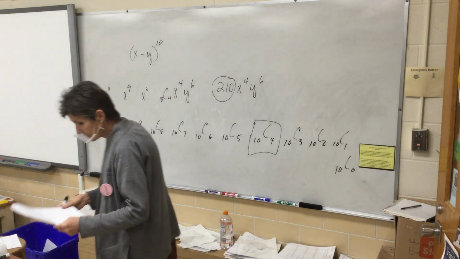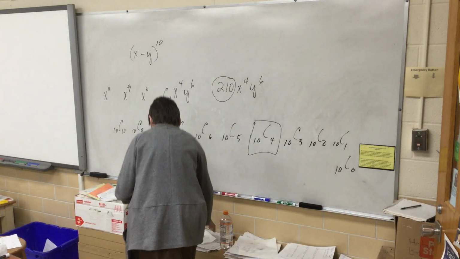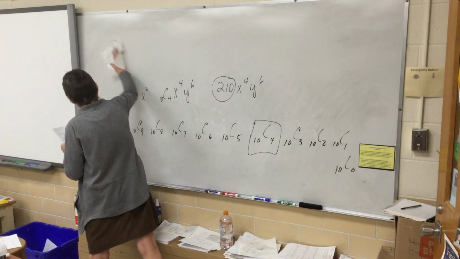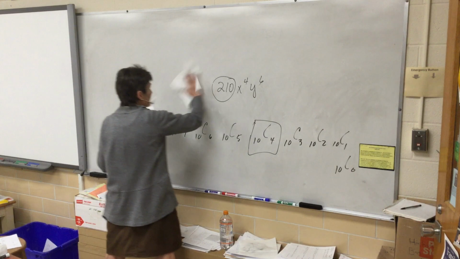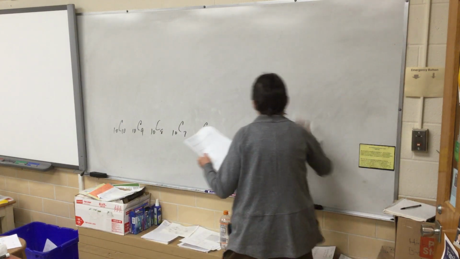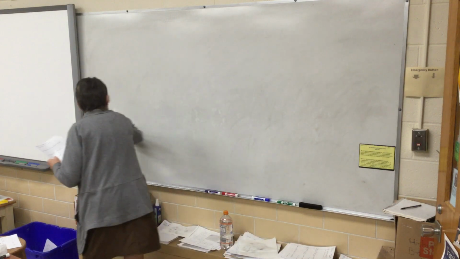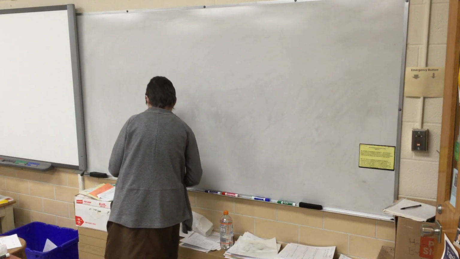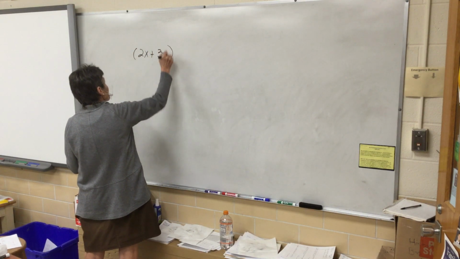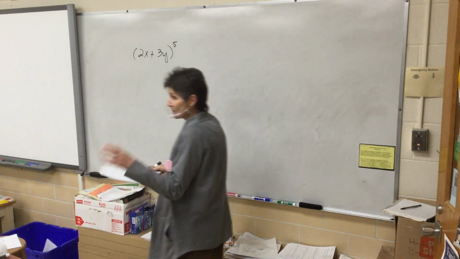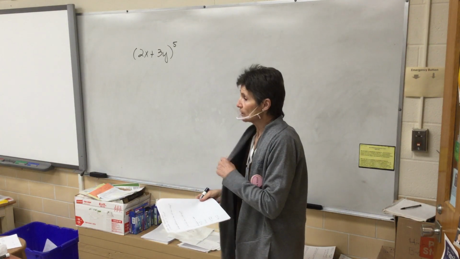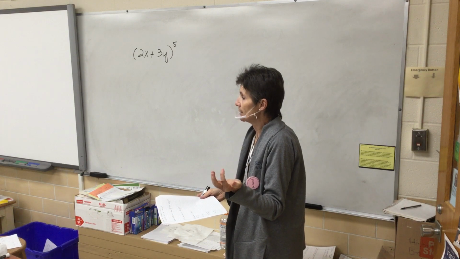All right, one more of those. Find the third term of the expansion, 2x plus 3y to the 5th. Now you actually have the 5th row of the triangle written down, so you could just use those numbers if you wanted to.